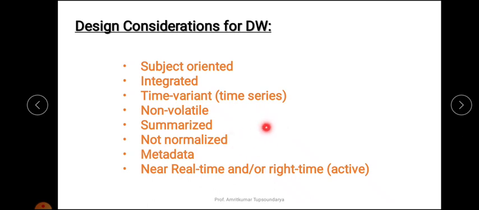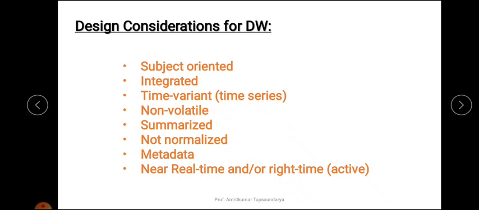Now, not normalized. By not normalized, it means the data warehouse often uses a star schema. Star schema is one of the predominant architectures used for data warehousing. We will discuss more about star schema in the coming topic in this lecture itself, under the various designs and architectures of the data warehouse.